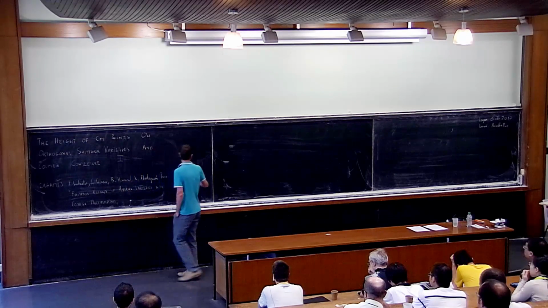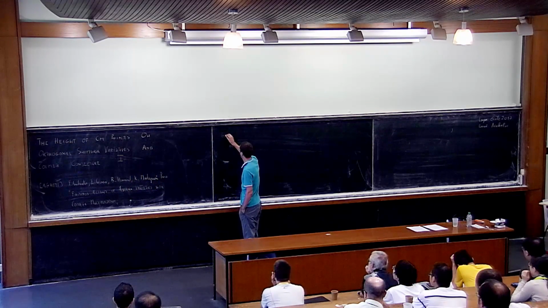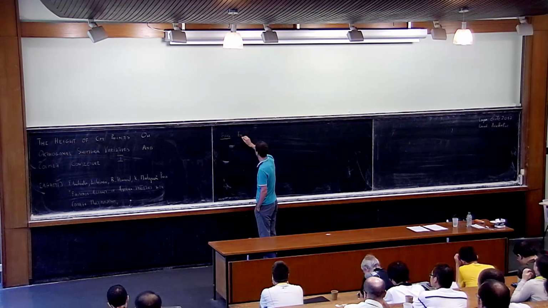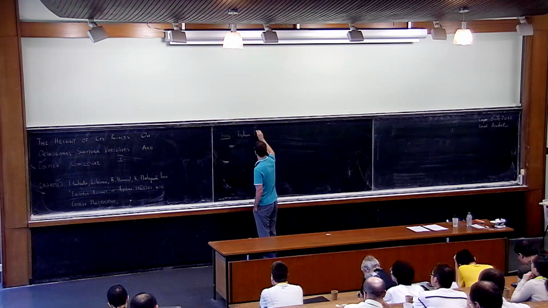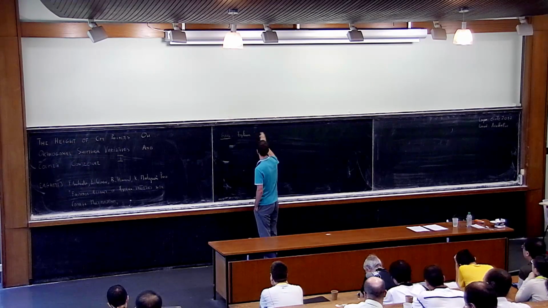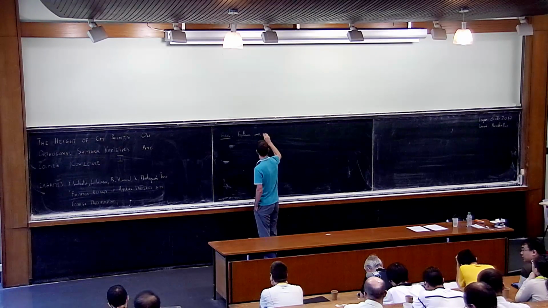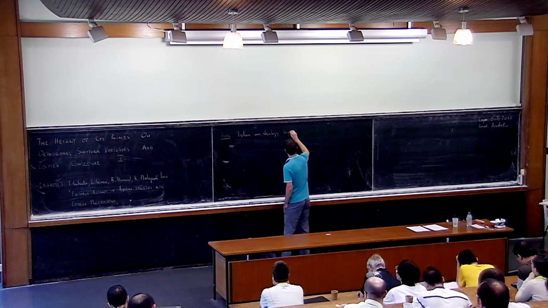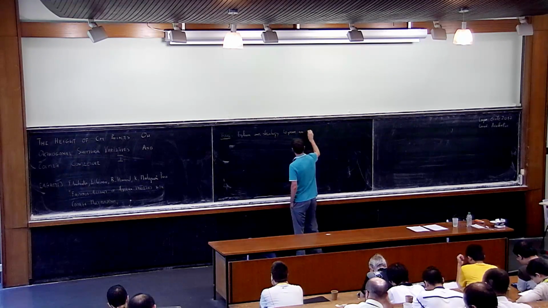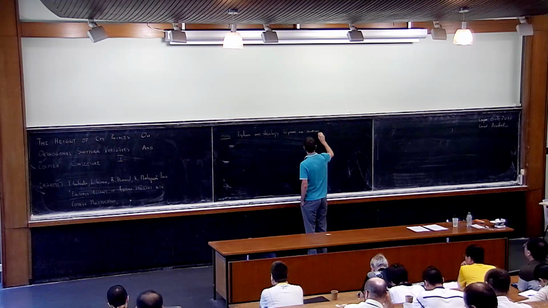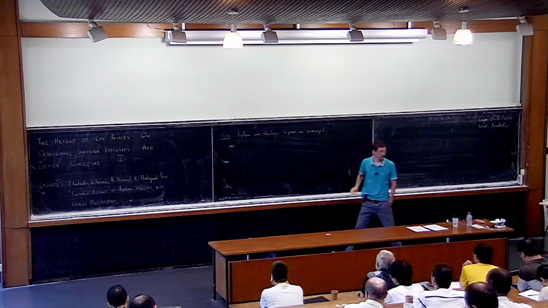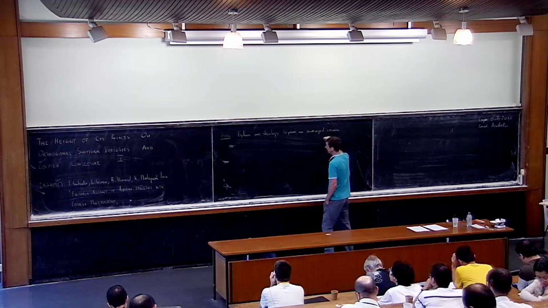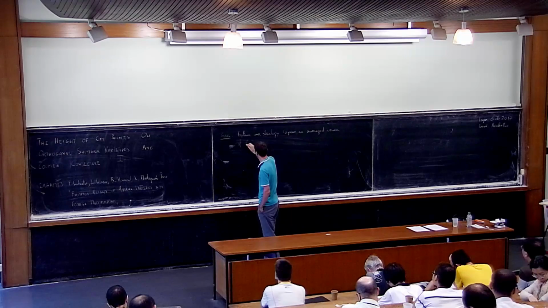Okay? So the goal of the course is to explain the strategy, our strategy, to prove an averaged version of Colmez conjecture, and today I will explain what I mean by averaged.